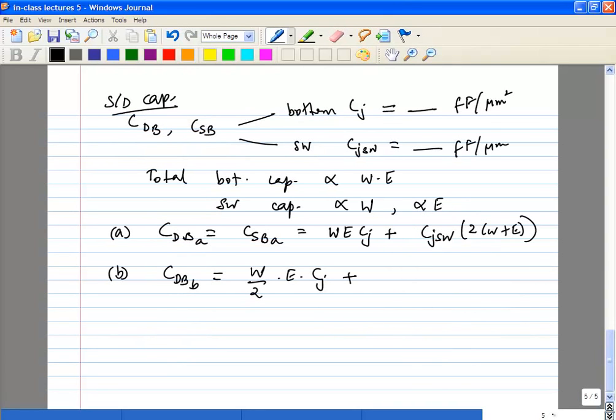Plus, how about the sidewall component? Again the perimeter times Cj SW.